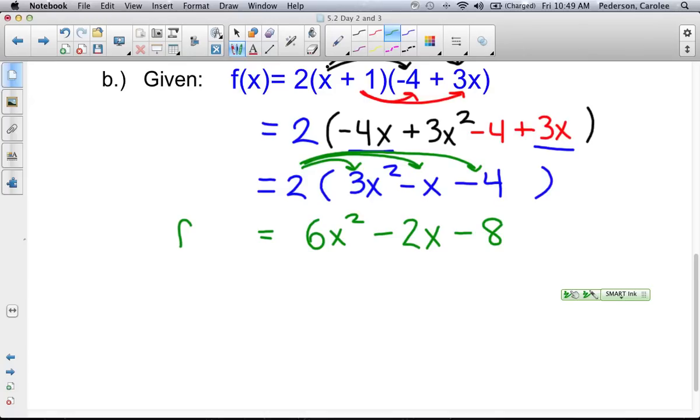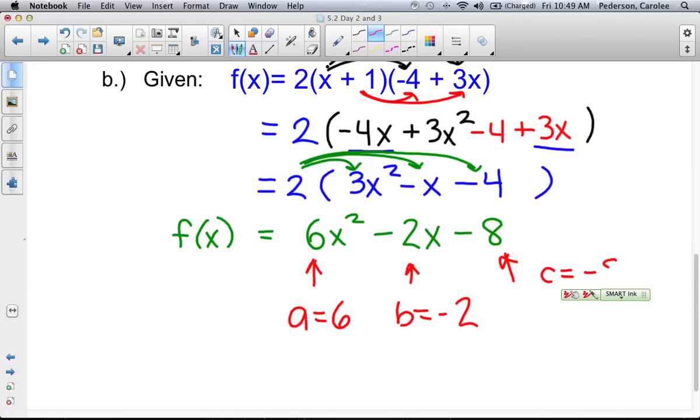Here is our final function in standard form. And then it asks us to identify the a, b, and c. So our a is 6, our b is negative 2, and our c is negative 8.